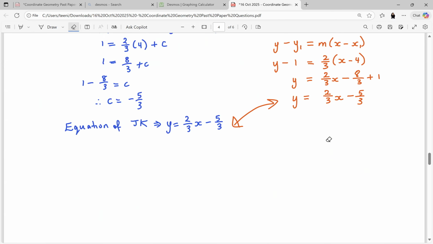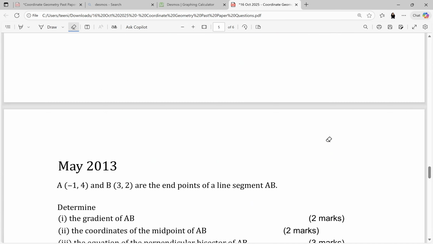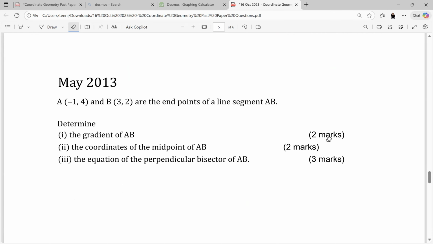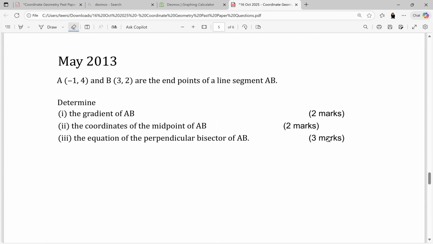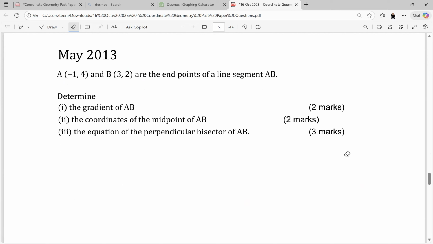All right, guys. So it's the same thing over and over again. We're gonna do this last question, and that would be it for today. I want y'all to just do parts 1 and 2 of it, and then I'll show you how to do part 3, the equation of the perpendicular bisector.